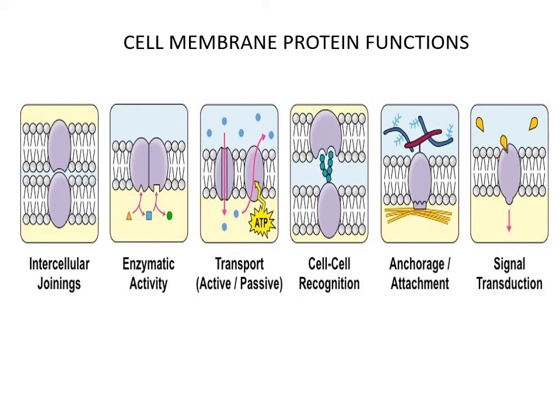No energy required. It'll just diffuse across from higher gradient to lower gradient. Active transport requires energy, and it's typically because the protein is acting as a pump to transport molecules against gradients, right? So it needs energy to do that, which is ATP.